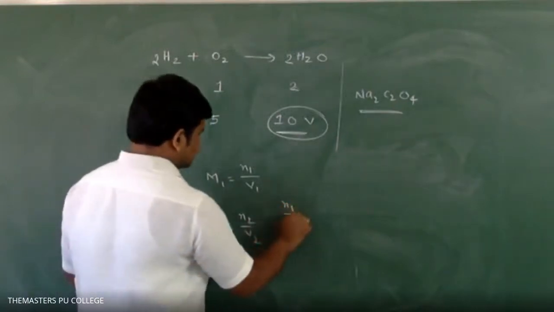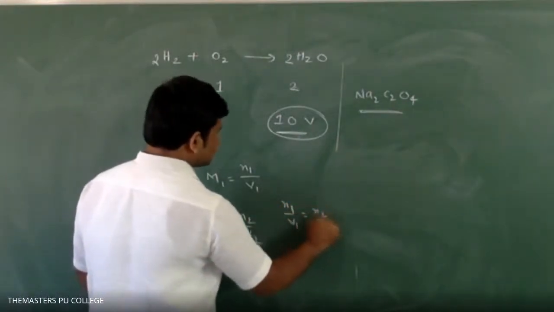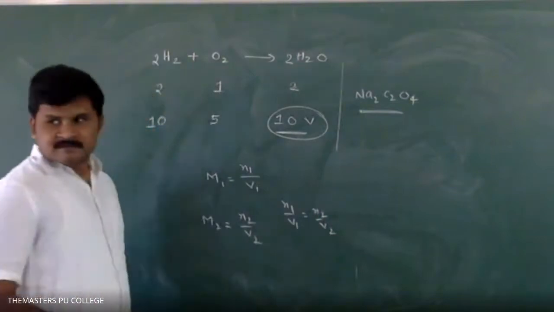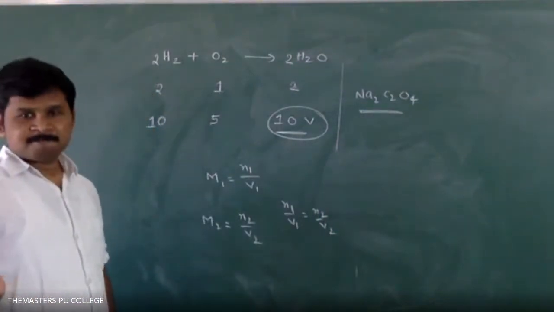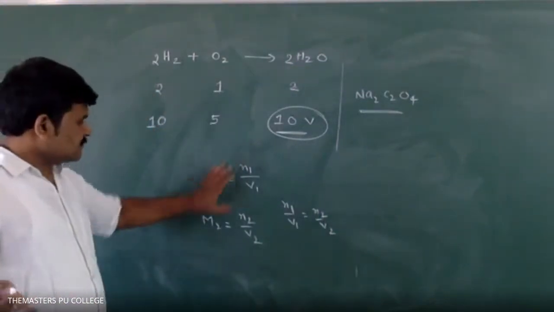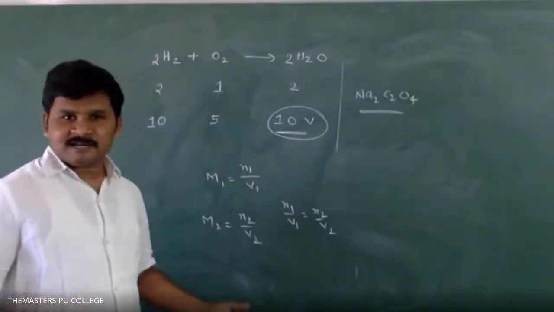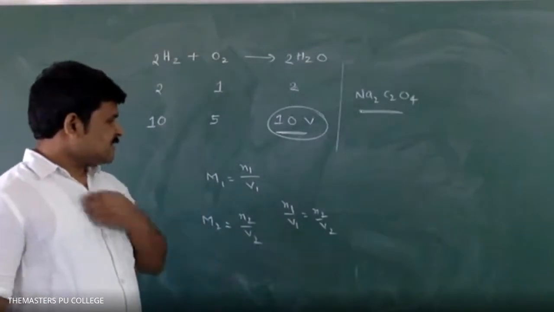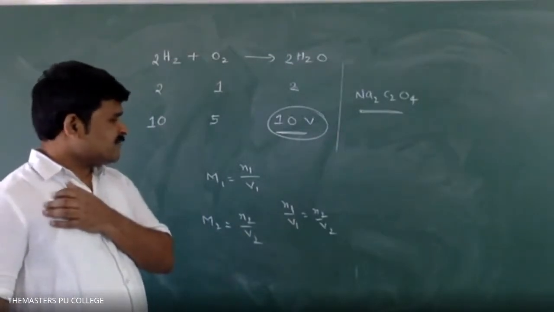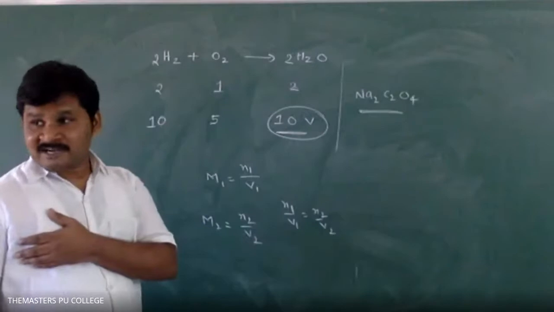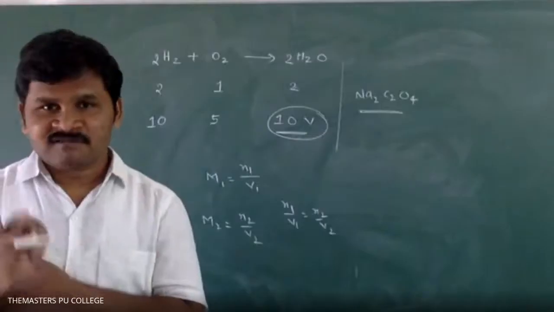So N1 by V1 is equal to N2 by V2, right? M1 is this, M2 is this. Now what is the relation? V1 by V2 is equal to N1 by N2. N means number of moles.